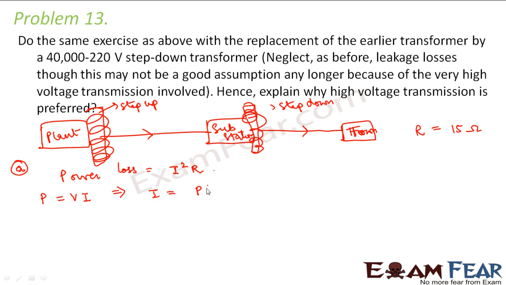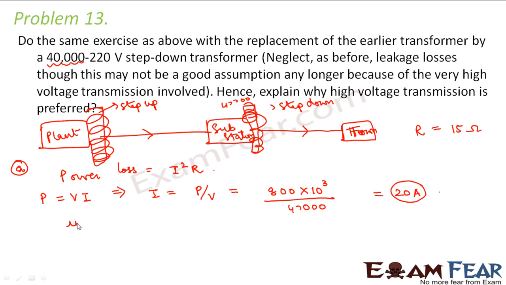So the current will be equal to power by voltage. What is the power? That is 800 kilowatts, which is the needs of the town. So 800 into 10 to the power 3 divided by voltage. This voltage now will become 40,000 because here it is 40,000 now. So this comes out to be 20 amperes, right?